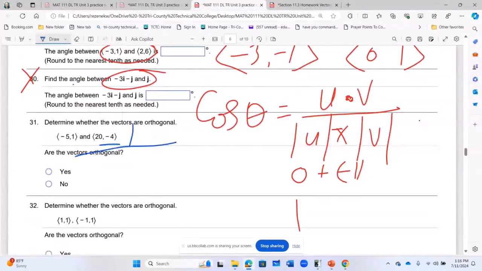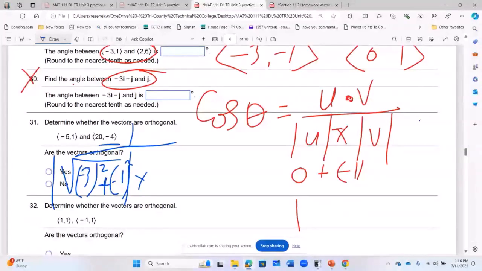The magnitude of u is the square root of -3 squared plus -1 squared, multiplied by the magnitude of v. The magnitude of v is the square root of 0 squared plus 1 squared.